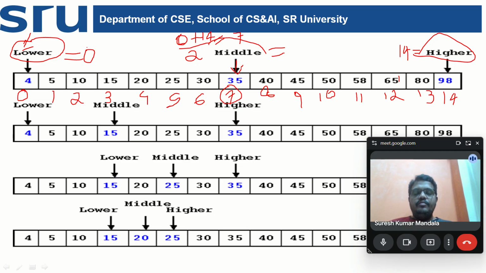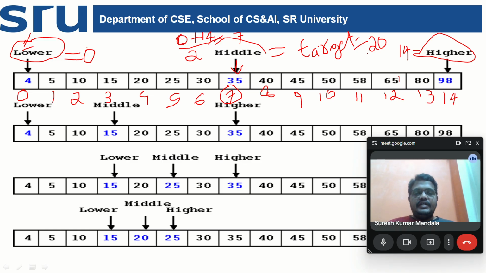After identifying the middle value, we start the comparison in the algorithm. For example, assume the target value is 20. We have to check whether 20 is present within this array or not.